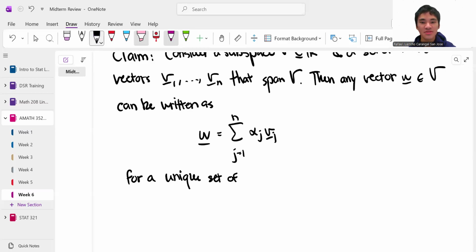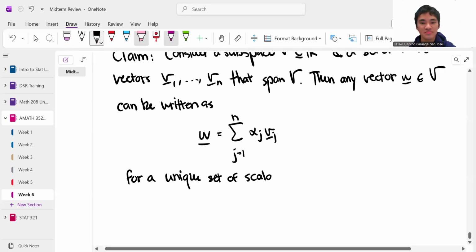So that means they're not all 0, or they're not all the same. Alpha 1 to alpha n.